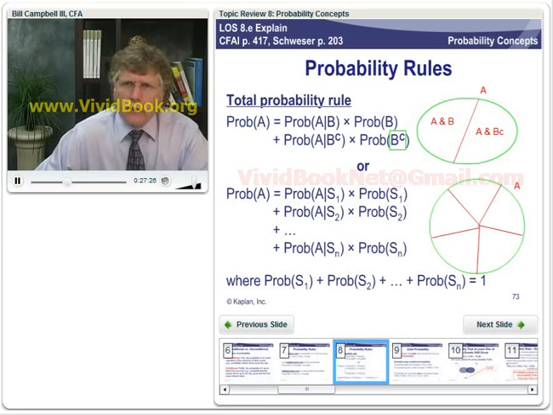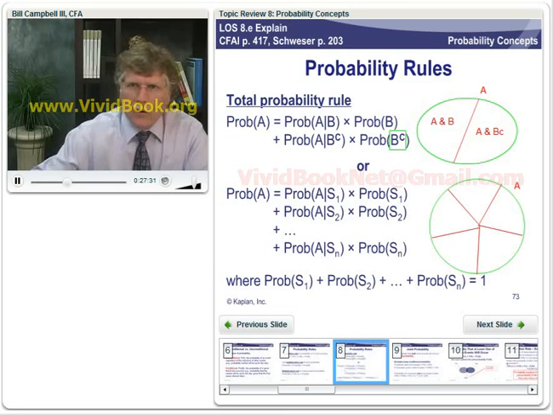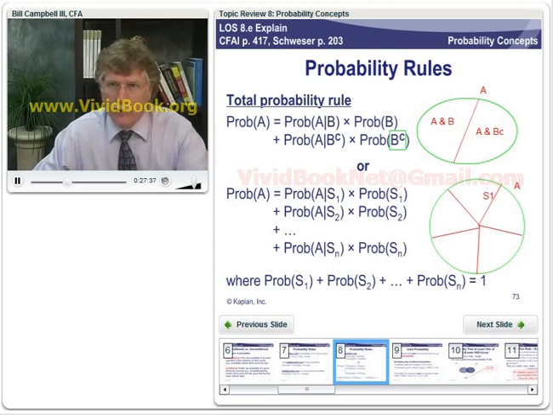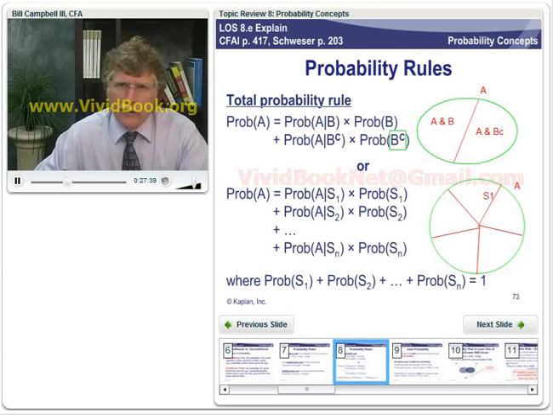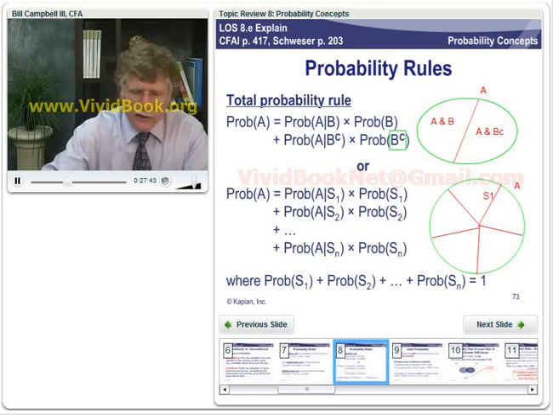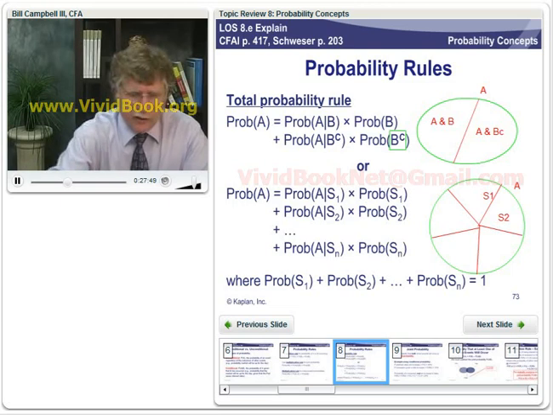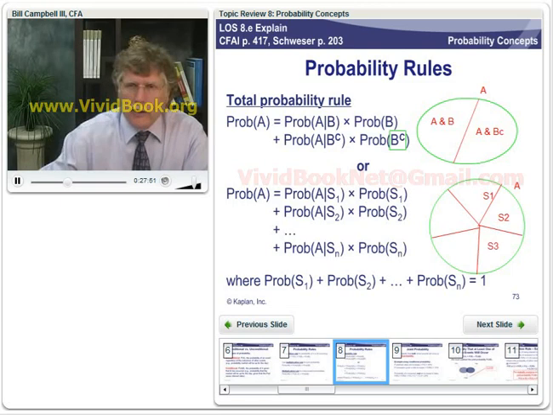And this piece is going to be S1. And this piece over here is going to be S2. And this piece over here is going to be S3, and so on.